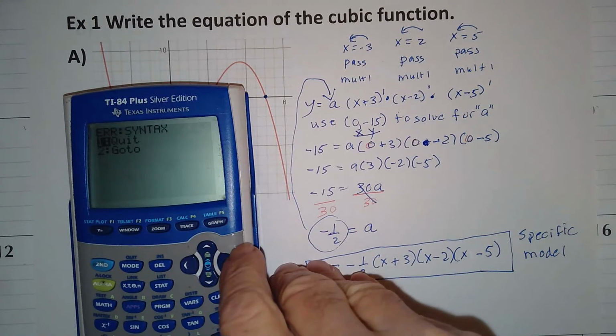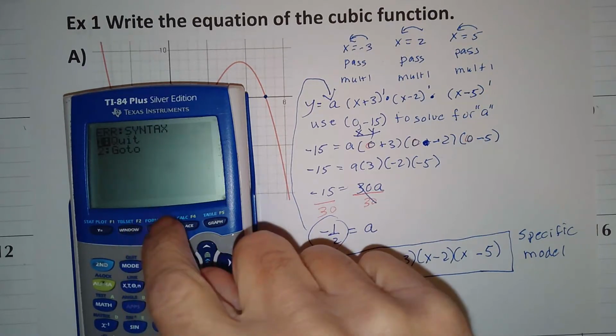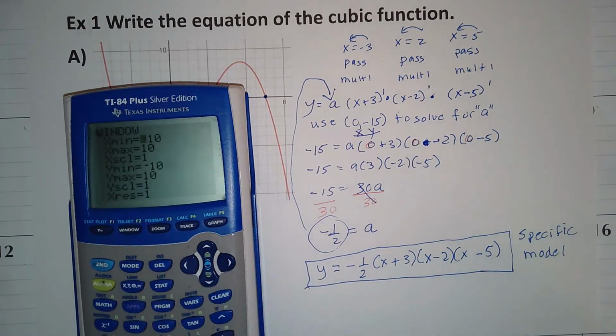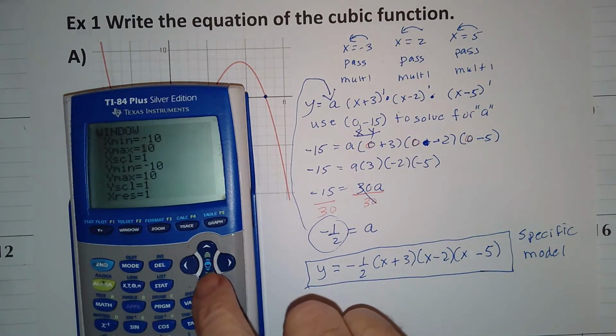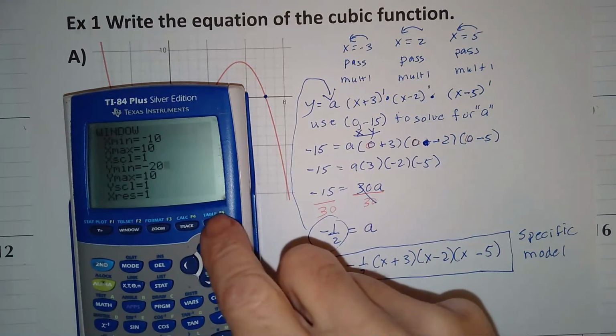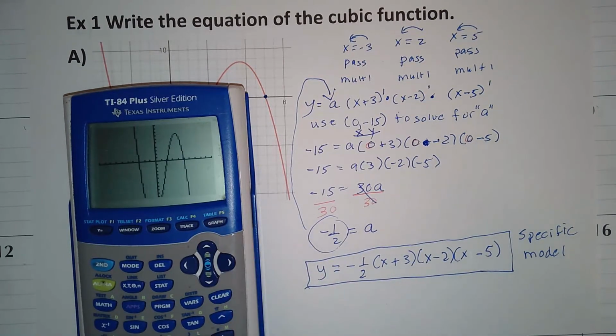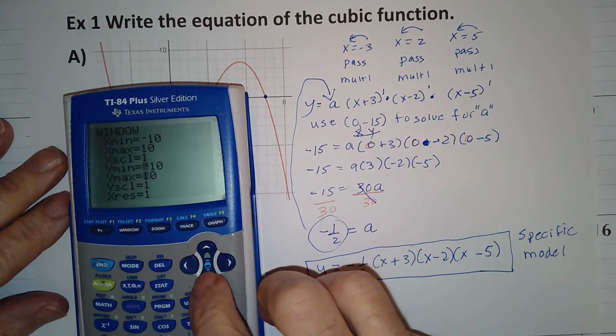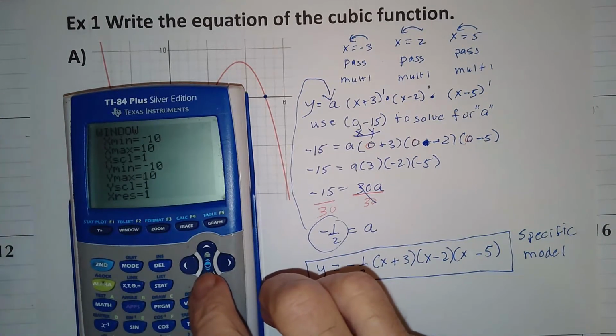So maybe I can just get away with this gimpy thing. Let's clear this again. Window. Drop down here, let's do just the negative 20. That's probably the minimum that we need. Okay. Now let's go back to the graph. Doesn't want to do it. Y max.